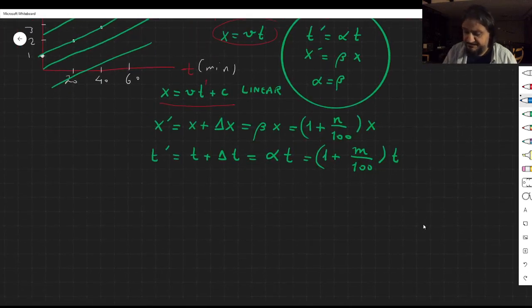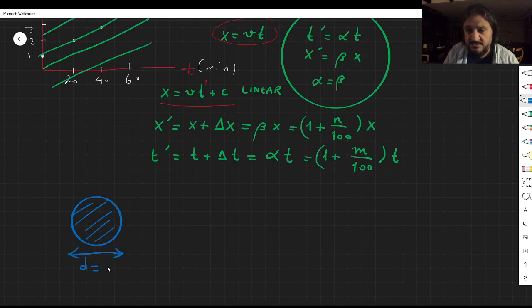I think the book has some geometrical volume and area calculations. Let's start with area. You have a disk, let's say, of diameter equal to 4, which means radius is 2 inches.